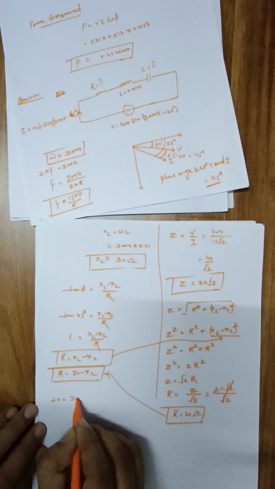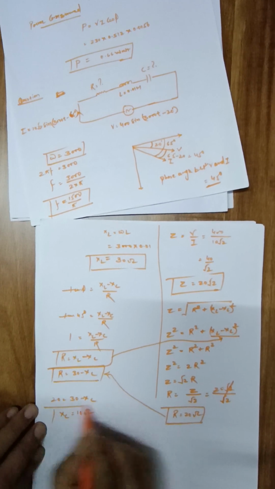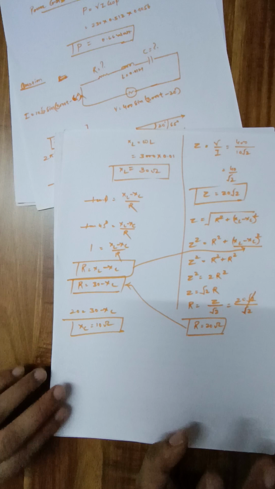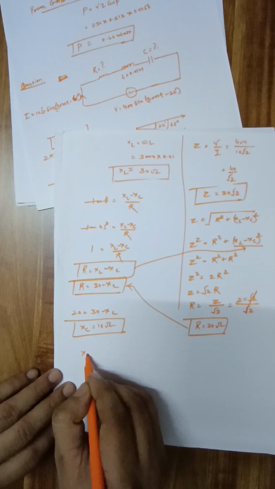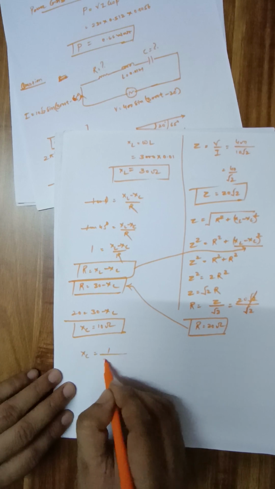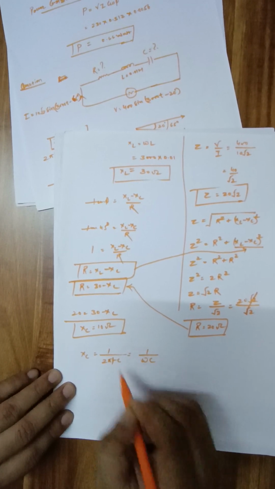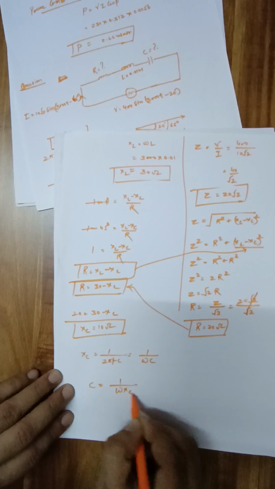Now put this value of R here: 20 equals 30 minus XC. So XC will be equal to 10 ohm. We have calculated only XC yet. Still we have to calculate C. So XC will be equal to 1 upon 2 pi fC, or 1 upon omega C. So C will be equal to 1 upon omega into XC.